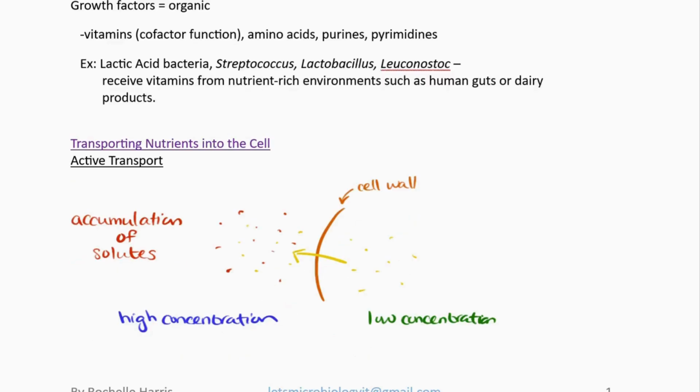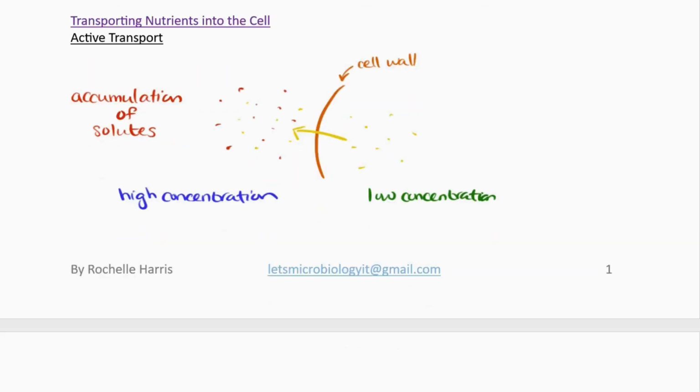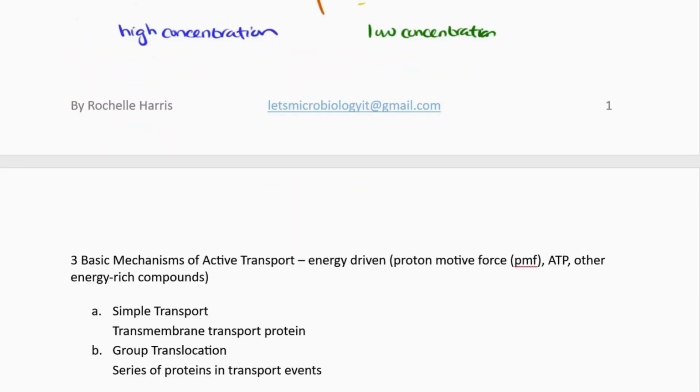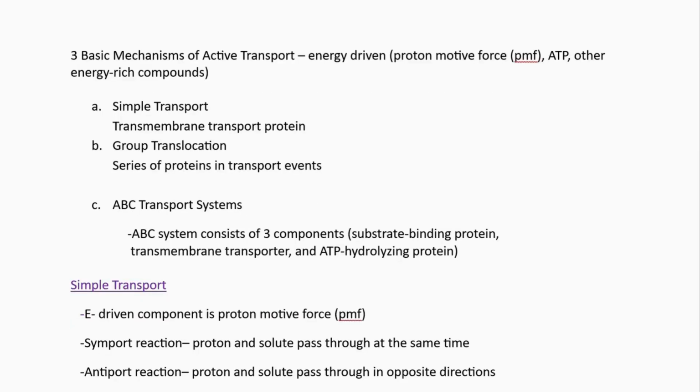To bring these nutrients inside, cells use active transport mechanisms that require energy, including proton motive force, ATP, or other high energy compounds.